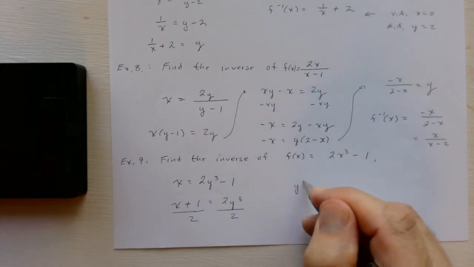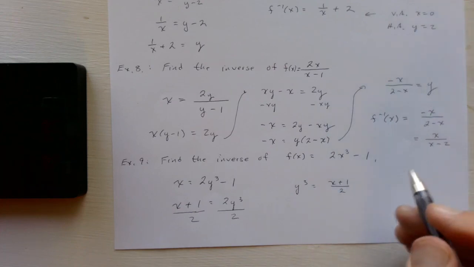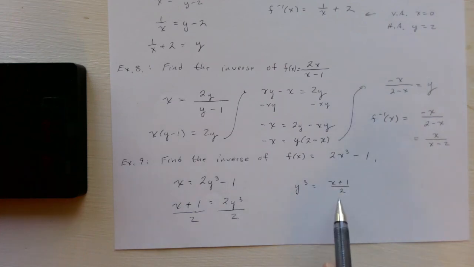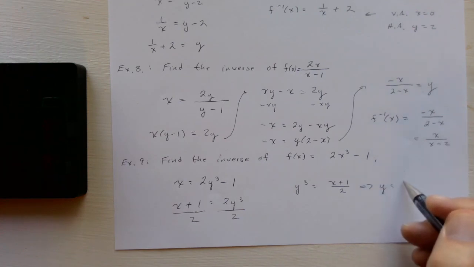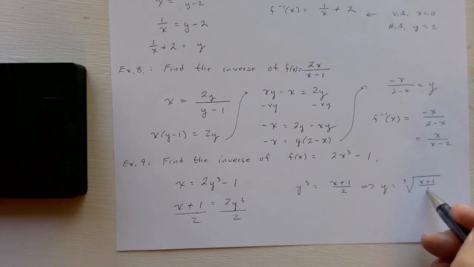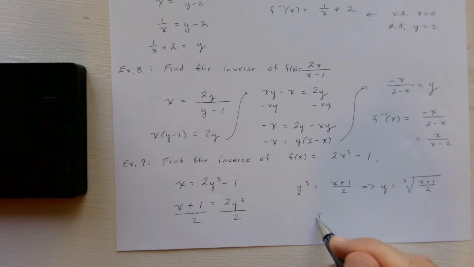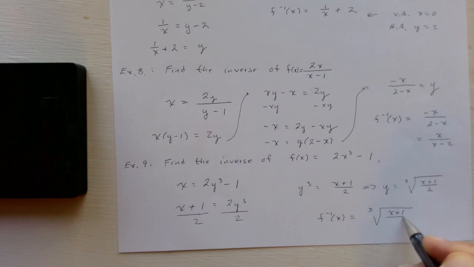So we get y cubed is x plus 1 over 2. And we can take the cube root of anything, so I'll take the cube root of both sides. So y is the cube root of x plus 1 over 2. So f inverse of x is the cube root of x plus 1 over 2.